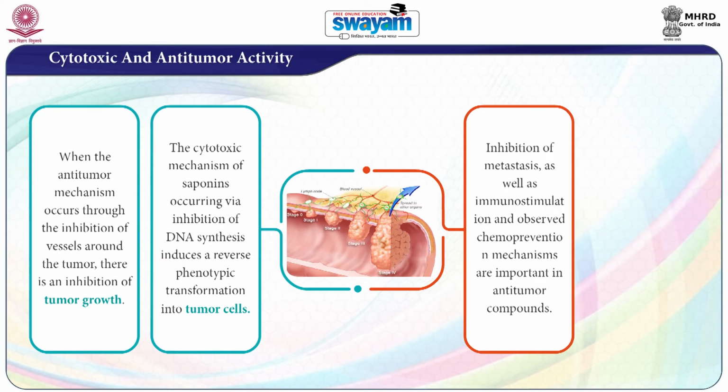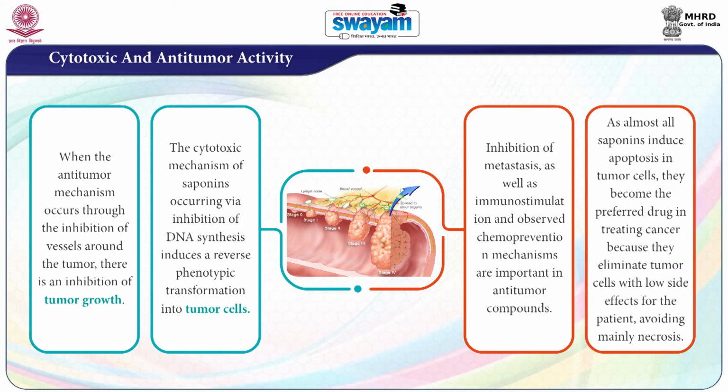Inhibition of metastasis as well as immunostimulation and the observed chemoprevention mechanism are important in anti-tumor compounds, as almost all saponins induce apoptosis in tumor cells.